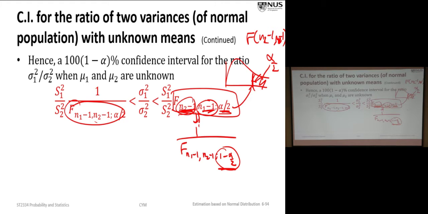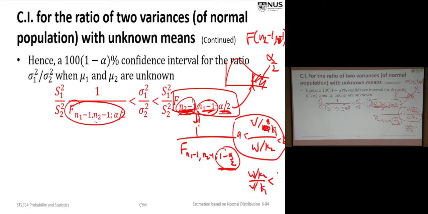When you look at V over K1 and W over K2, between these two numbers, when you take the reciprocal, it becomes W over K2 over V over K1, then this is 1 over B and 1 over A.